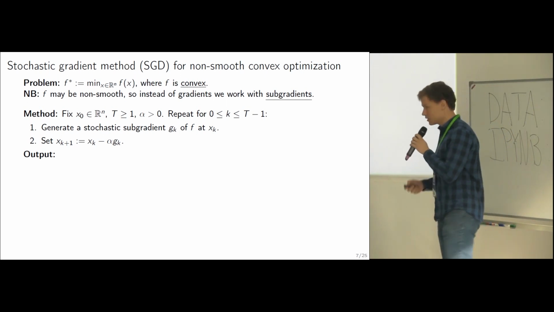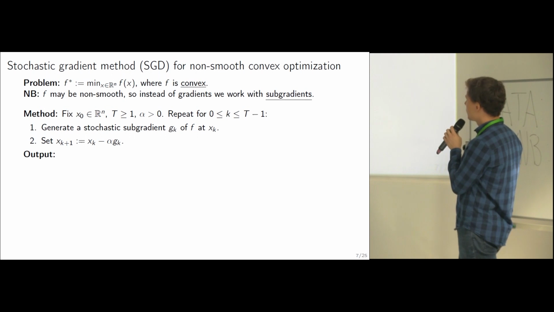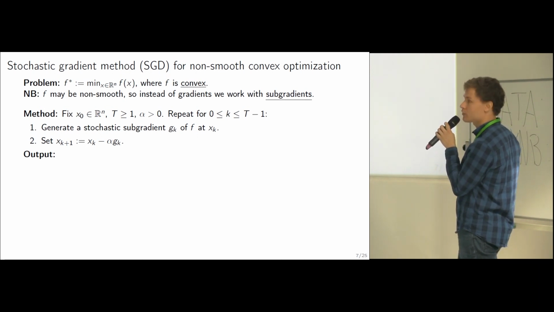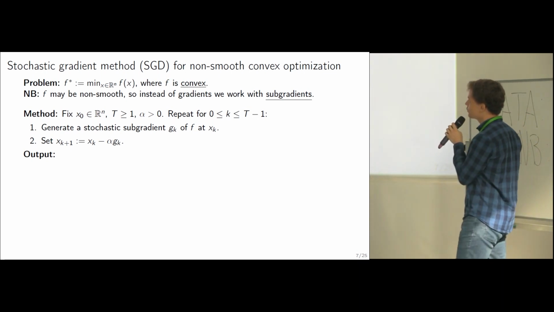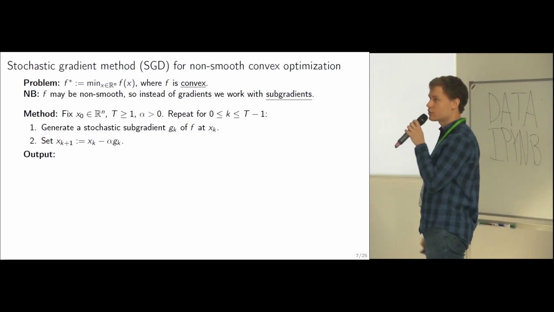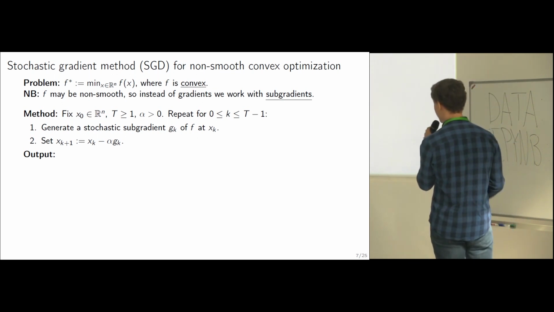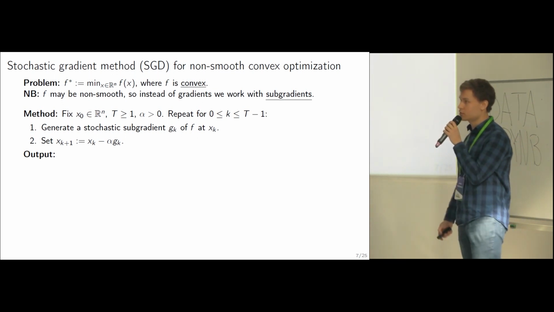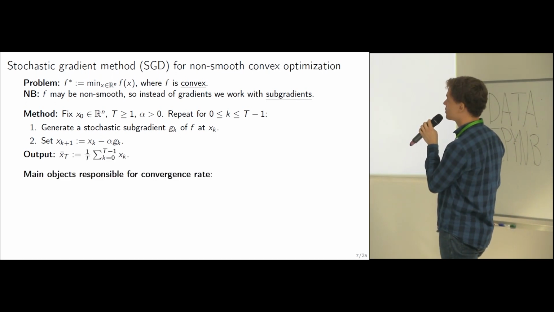Now, the interesting thing about this method is that if we think about the question, what should be the output of this method? Well, it seems reasonable to say that the output should be the last point, right? However, it turns out that it is not possible to obtain any guarantees for this last point, and the correct output in the context of convex optimization should be the average point on our trajectory.